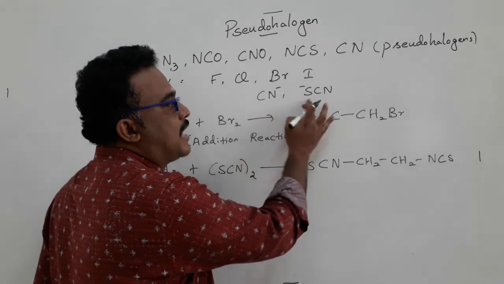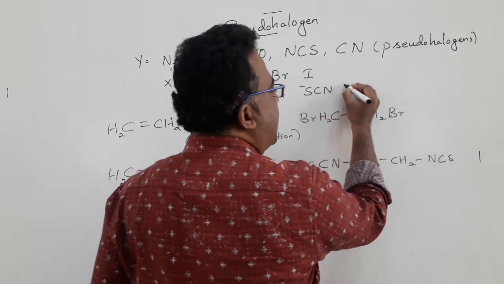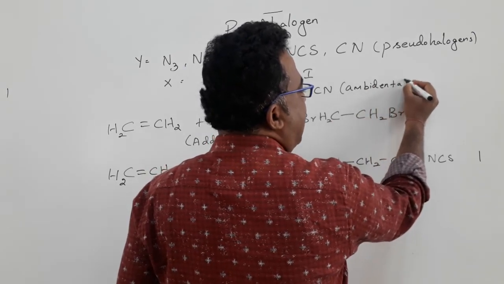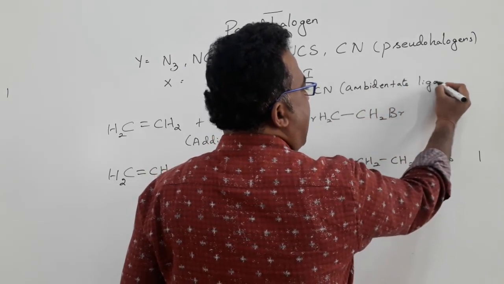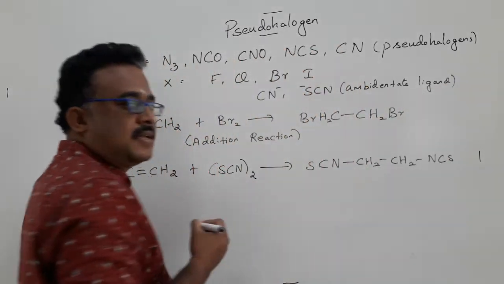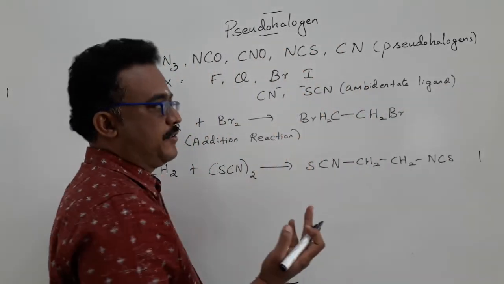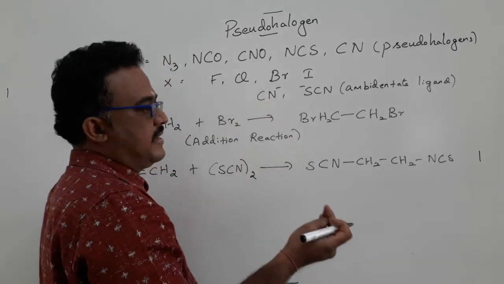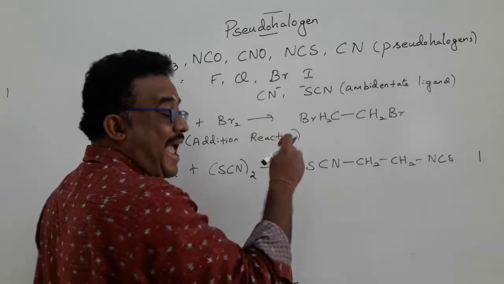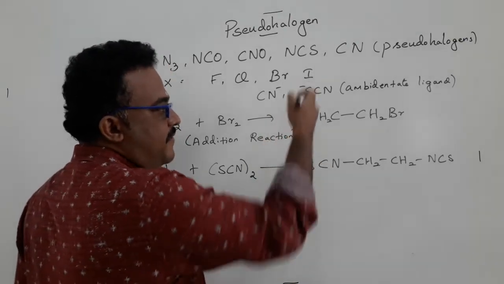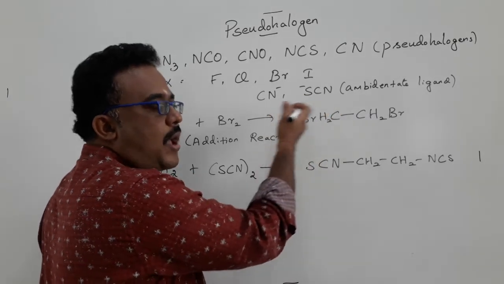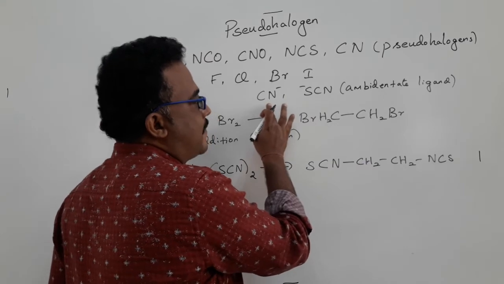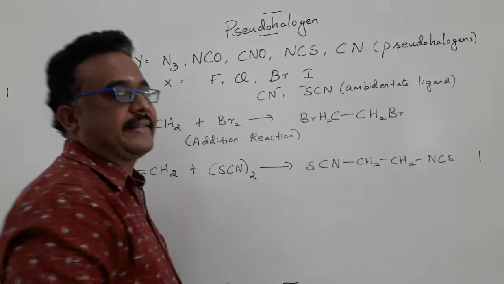They have two different heteroatoms, so normally they are called ambidentate ligands. That is another difference between halide and pseudo halide: halides can act as monodentate to tetradentate ligands, but cyanide or thiocyanate will behave as ambidentate ligands because they are made up of at least two different heteroatoms.